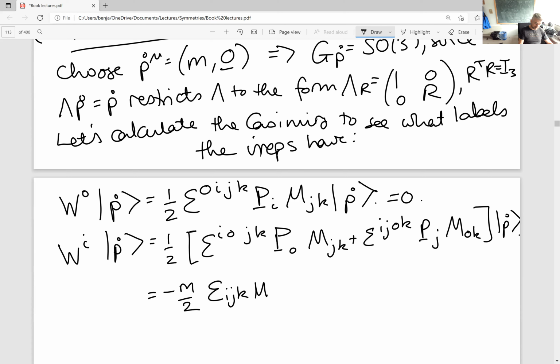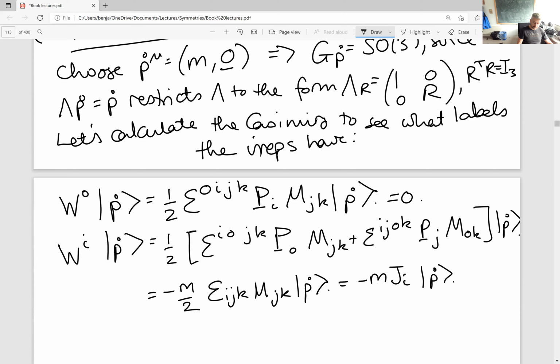And we've got M jk on P dot, which is minus m J i on P dot.